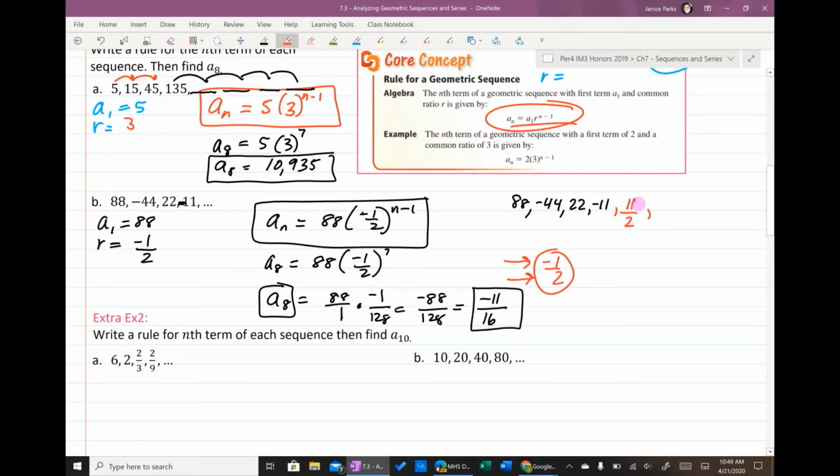So if I multiply the numerator by -1, and I multiply the denominator by 2, and then do it again, you can see that that's the 8th term. 1, 2, 3, 4, 5, 6, 7, 8, which is the number we got here. So either way is fine.